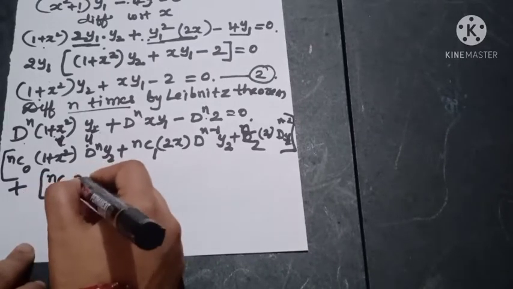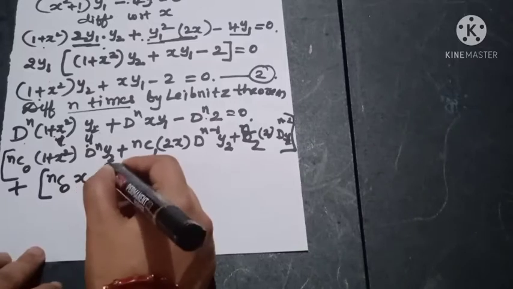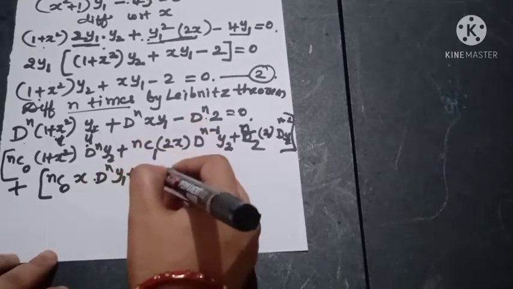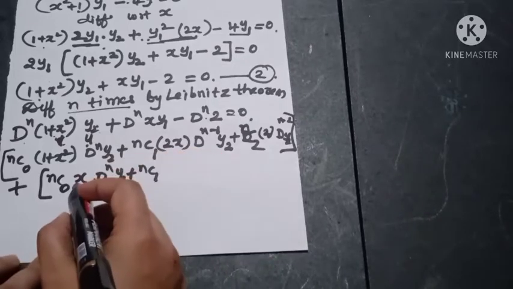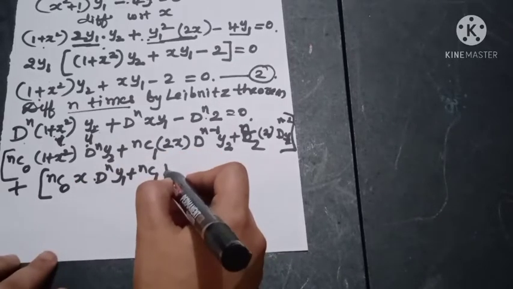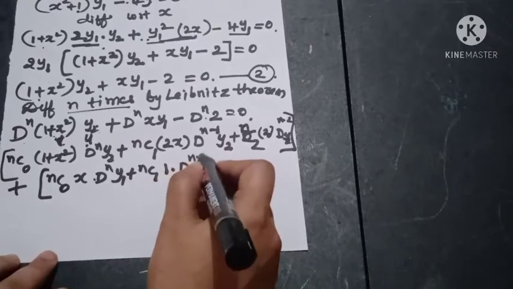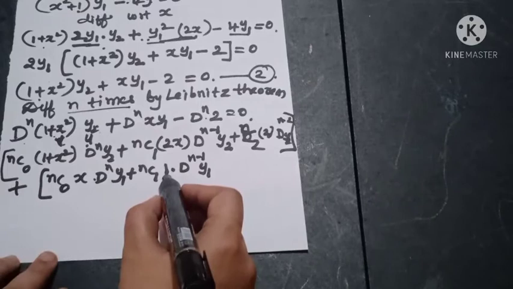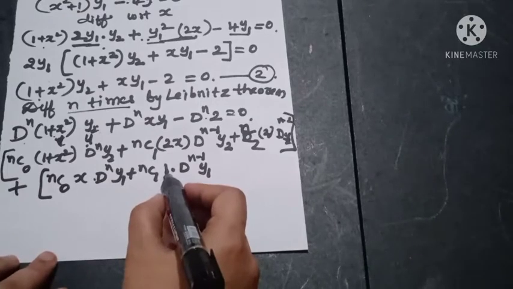nC0, take it as it is, differentiation of n function of y1, plus nC1. What is the differentiation of x? It is 1. 1 into differentiation of n minus 1 yn. Next the differentiation goes to 0, the function vanishes.